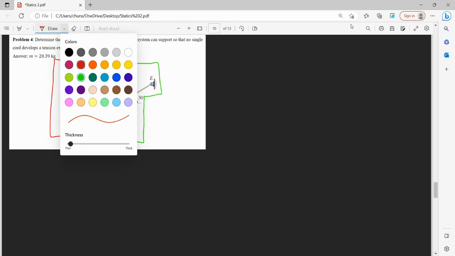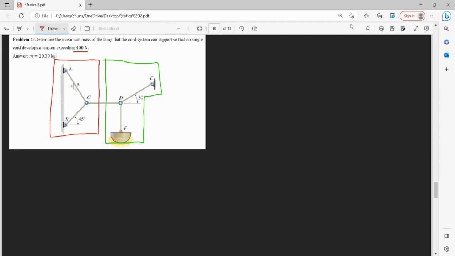So let's start with our ring C in red. So this is C, it's a force FCD, giving tension that way.